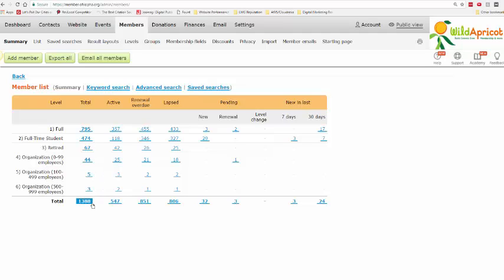Of the 1,388, 547 are active, 851 have expired or are overdue, 806 are lapsed, which means it's been over 60 days since they expired. In the last 30 days, we've had 24 members, 17 of which were full memberships and 7 of which were student members.